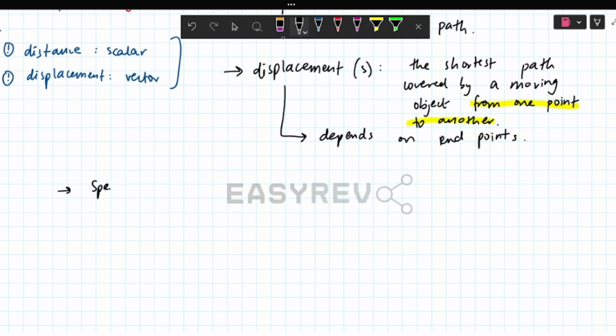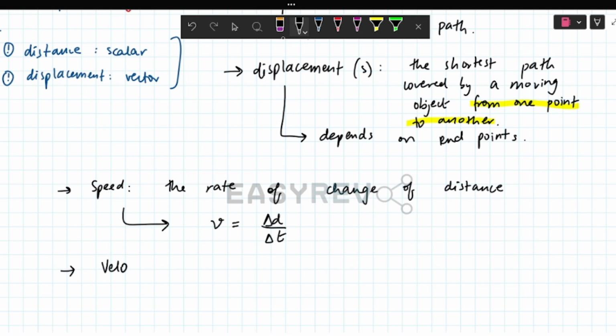Speed is what we define as the rate of change of distance. And its formula is in that regard quite straightforward. It's simply a measure of the amount of distance covered per unit interval of time.